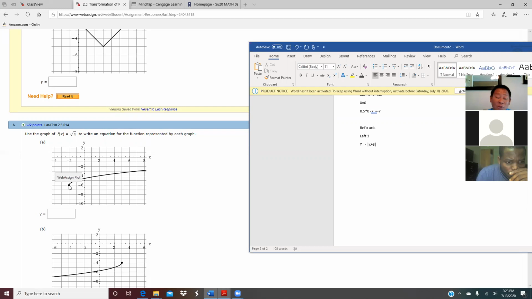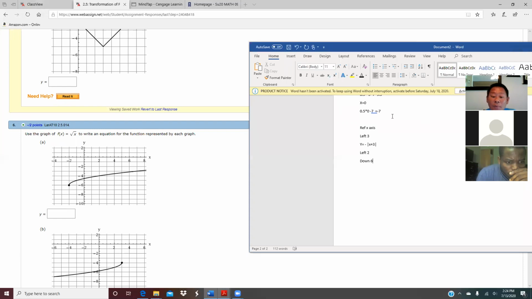If you know the coordinates, then you know your transformation. Anyone? You move -2, -6. Yep, so -2 means you move left 2, right? And -6 means you go down 6.